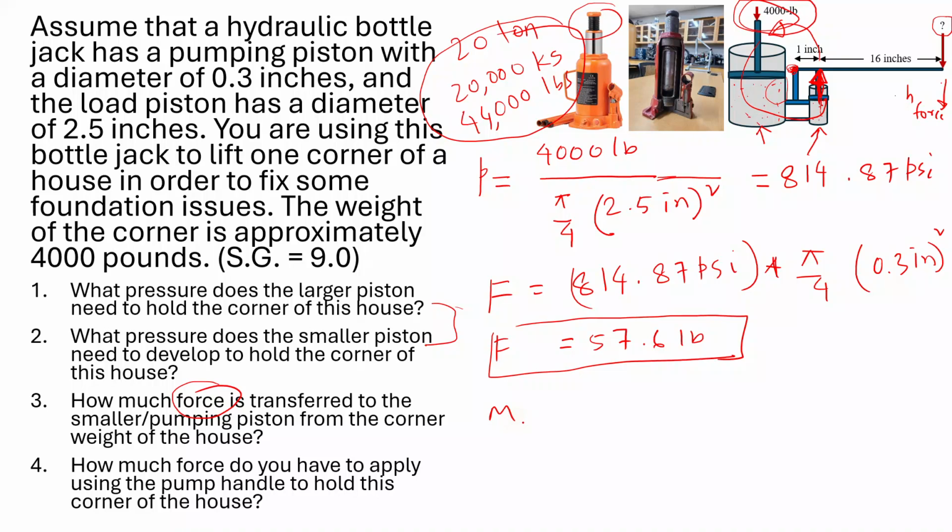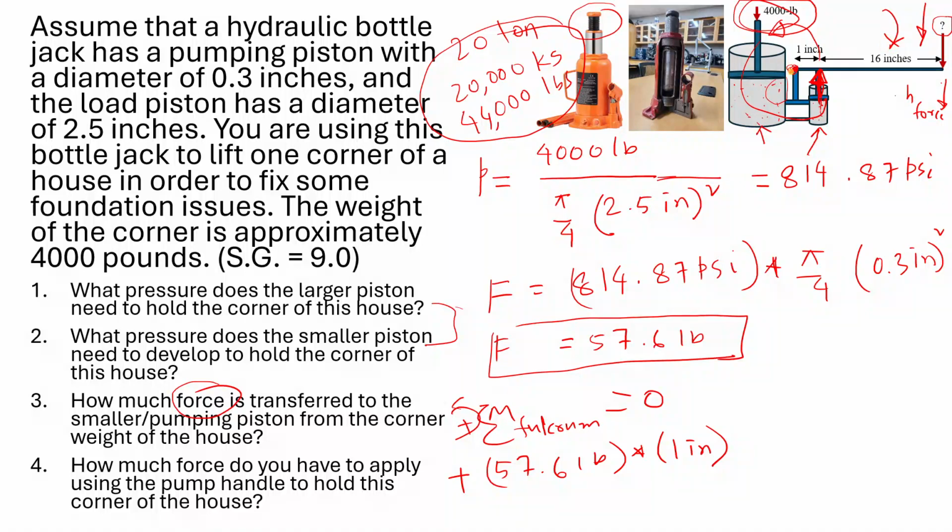So if we take moments with respect to the fulcrum or pivot point, counterclockwise positive, all moments sum to 0. So for the small piston force, which will create a counterclockwise moment, 57.6 pounds times the distance, which is 1 inch, this will be a positive moment, and the hand force will press down, and will create a clockwise moment with respect to this point.